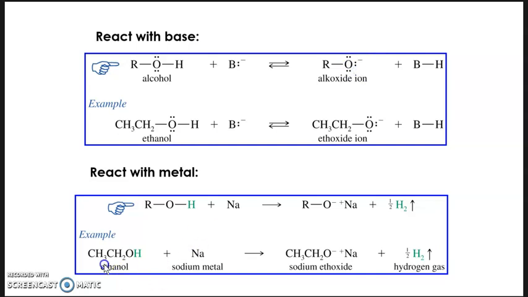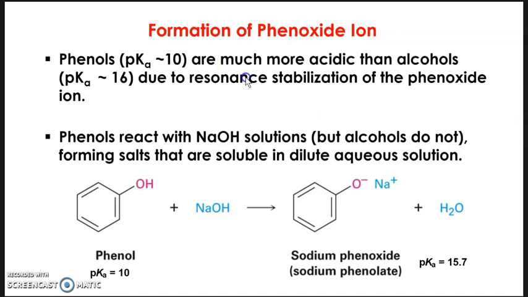For example, at the bottom here, ethanol reacts with sodium metal, and you get sodium ethoxide. For the formation of phenoxide, phenol is more acidic than alcohol, so it can react with sodium hydroxide, forming sodium phenoxide.